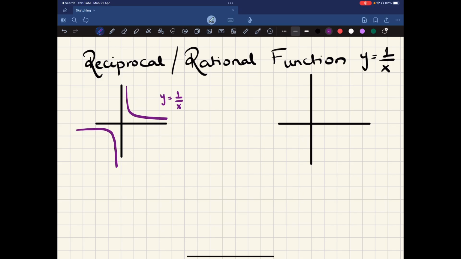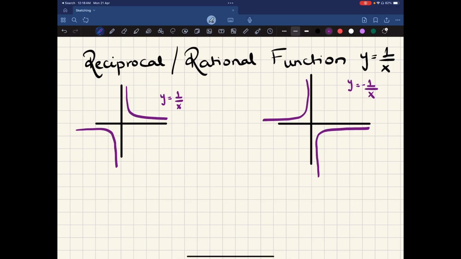Now if y is equal to -1 over x, what happens? These graphs change the quadrants. So this is in the first and the third quadrant. If we have a negative, our graphs would be in the second and the fourth quadrant.